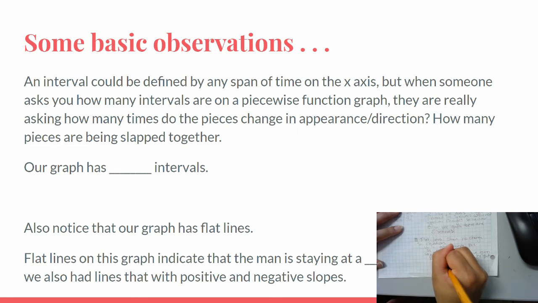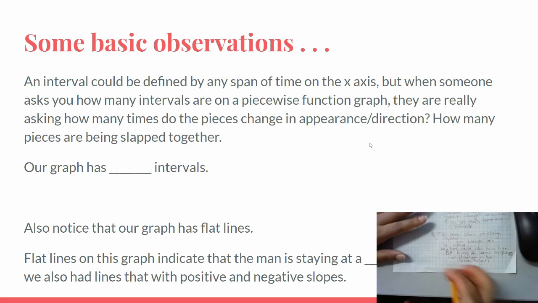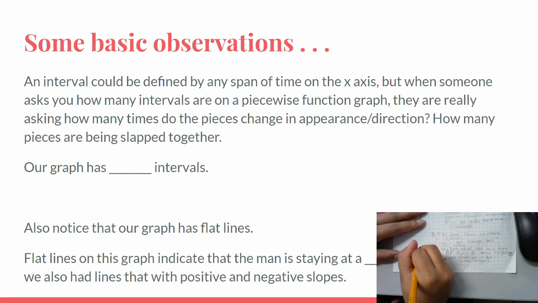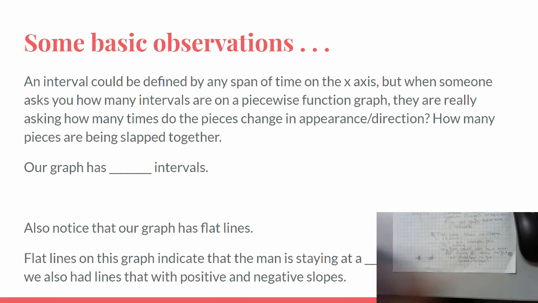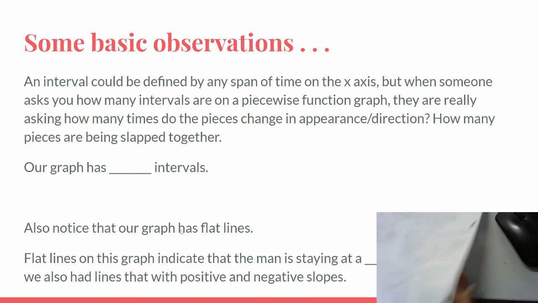Because the height doesn't change if you're flying at the same height the whole time. So for example, if my story hadn't been how it was, and the bee were just flying at the same height for a couple seconds, you didn't change height, that would also give us a constant line. So keep in mind, just because that line is flat, it doesn't mean the person's not moving. It just means their elevation's the same.